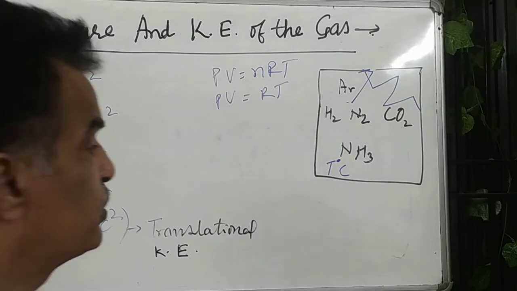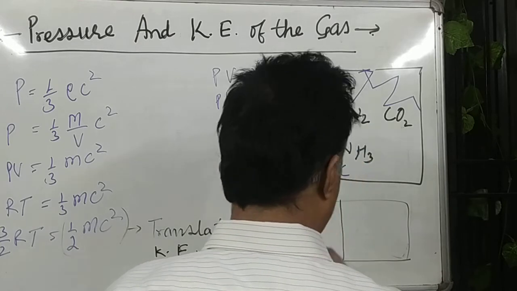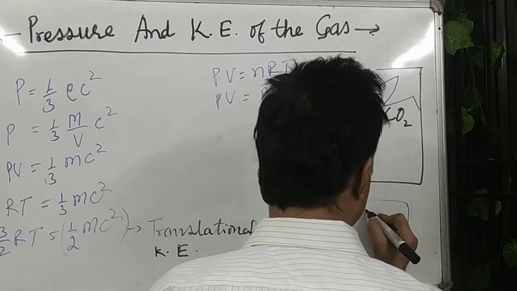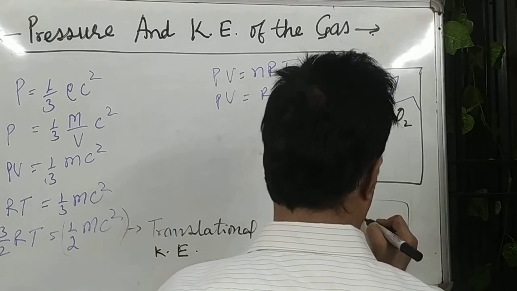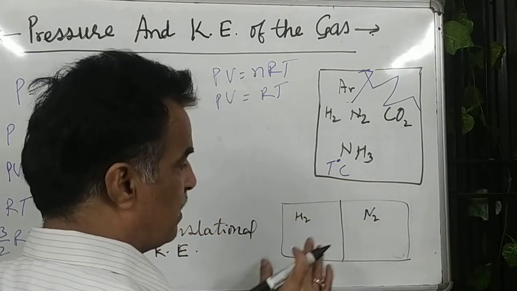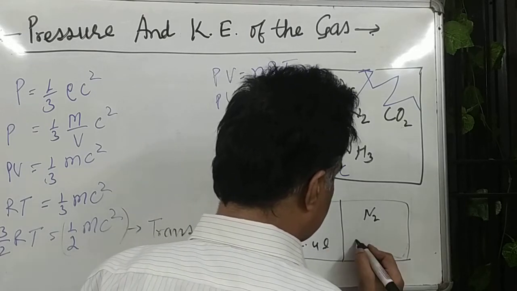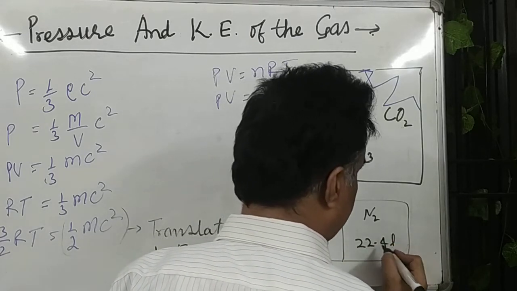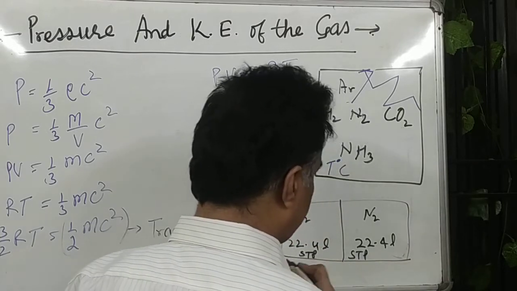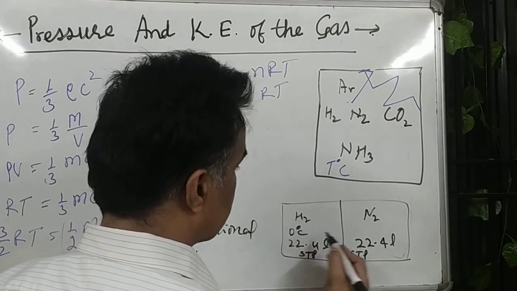But suppose there are two chambers, and in one there is 1 mole of hydrogen gas and in the other 1 mole of nitrogen gas, and the volume is the same, say 22.4 liter each, at STP, with temperature 0 degrees Celsius.